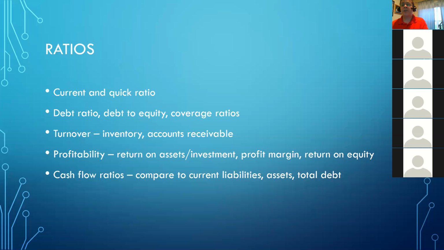And compare that to current liabilities to say, are we generating enough cash to pay off our debts? That's current liabilities. Are we being efficient at generating cash compared to our assets? We take our cash flow from operations, divided by total assets. Or we could look at it in terms of all the loans we have, not just the current liabilities, but total debt.